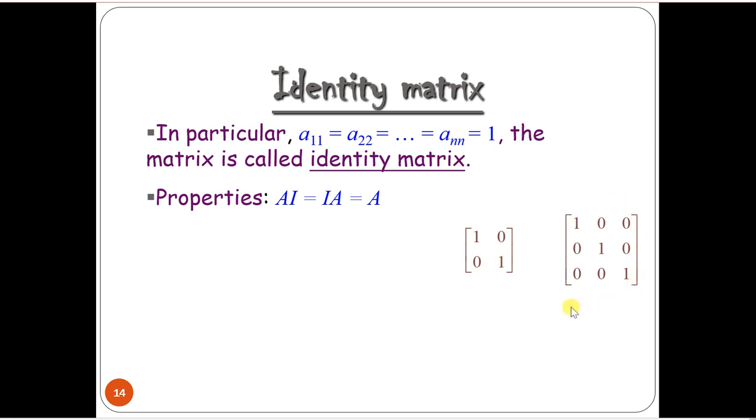Similarly here it is an identity matrix of order 3. It is having 3 rows and 3 columns. It has the property that when you multiply it with any matrix, the result will be the same matrix. That's all for today. Thank you.